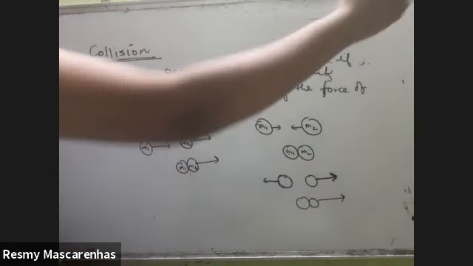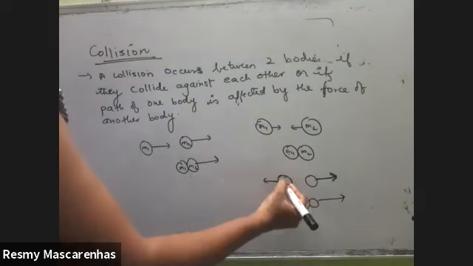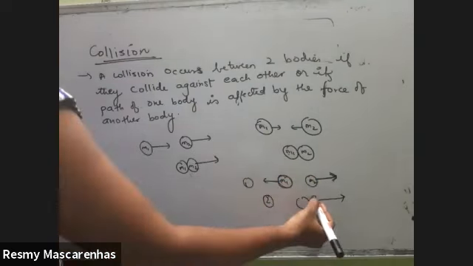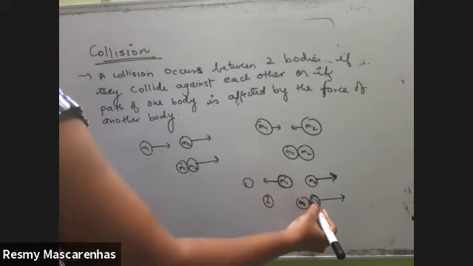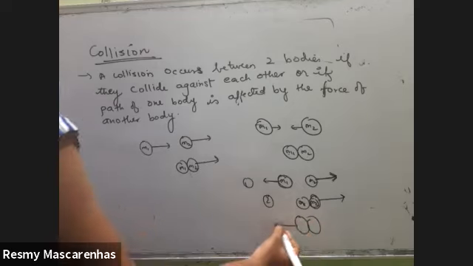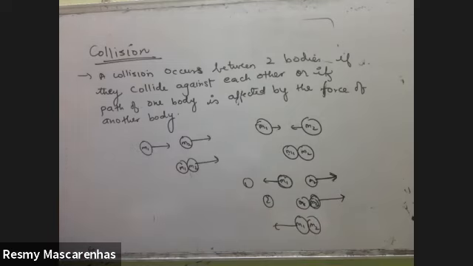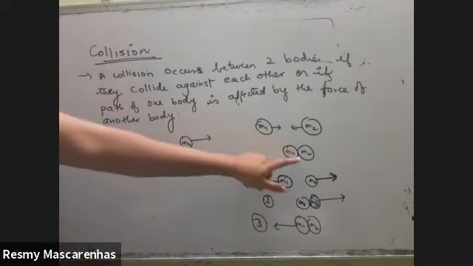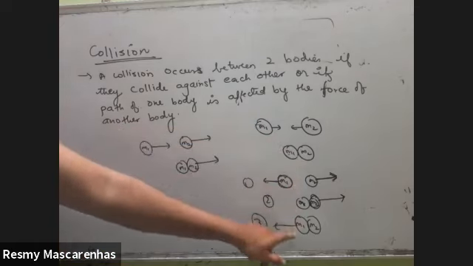This is one case, this is the second case, or it may start moving this side. Various ways there can be movements. This will be the third case. So whenever two things collide, different cases can happen.